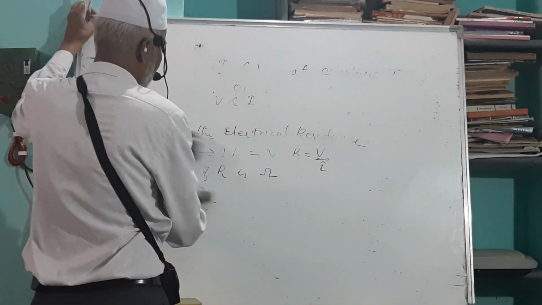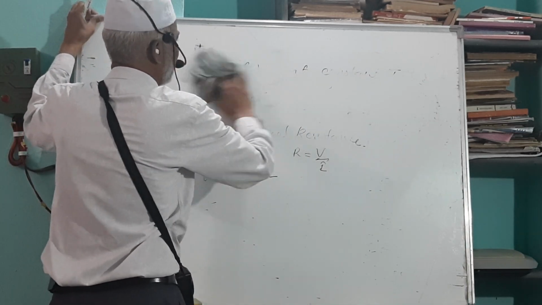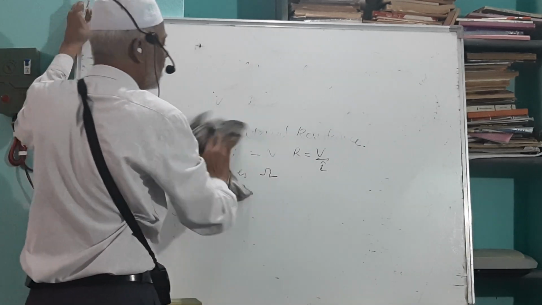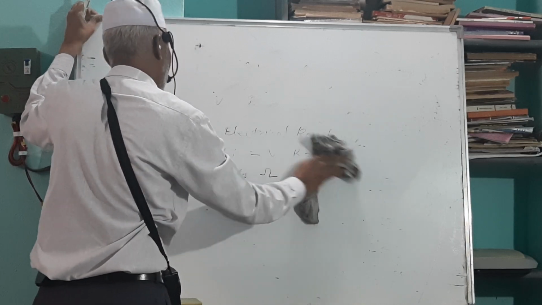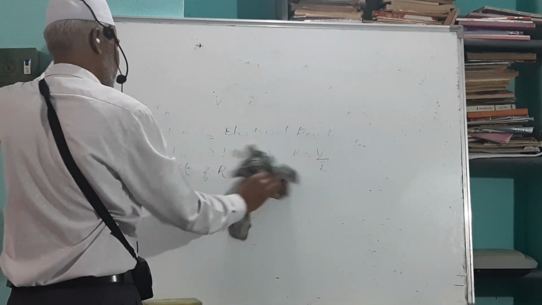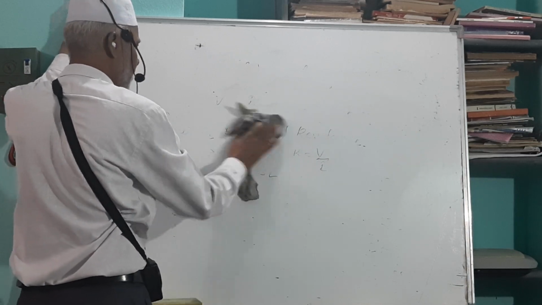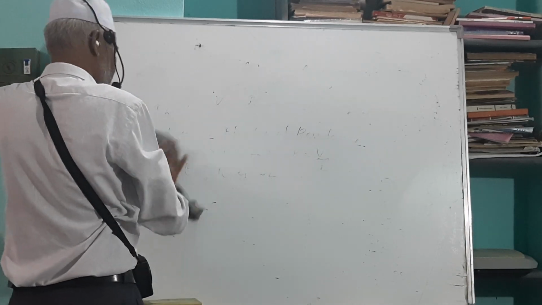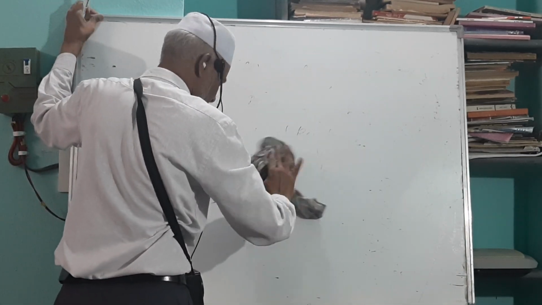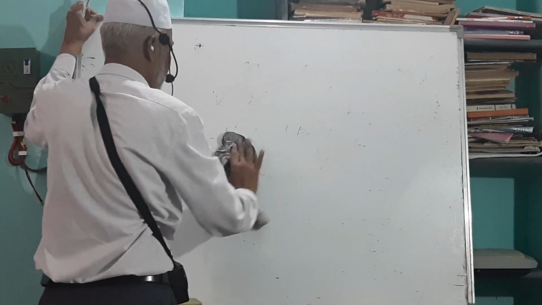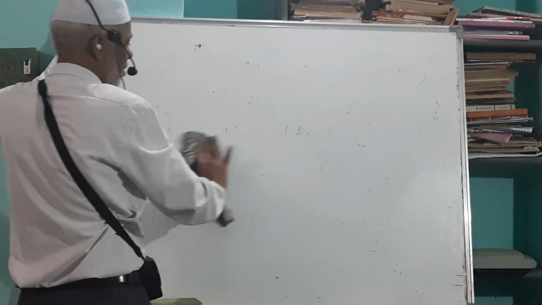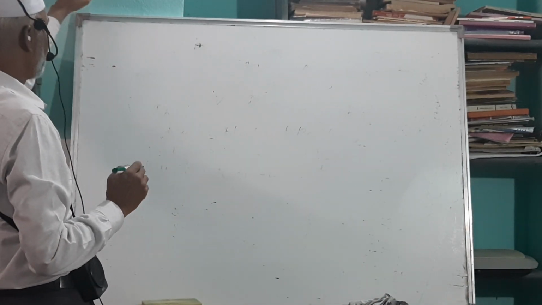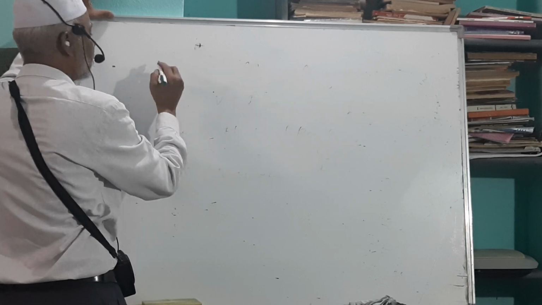First of all, we have to study how, if the length of the conductor increases, the resistance of the conductor increases or decreases, and what is the relation between resistance and length of the conductor. You are already familiar, from the old syllabus, that the resistance of the conductor is directly proportional to the length, at constant temperature.